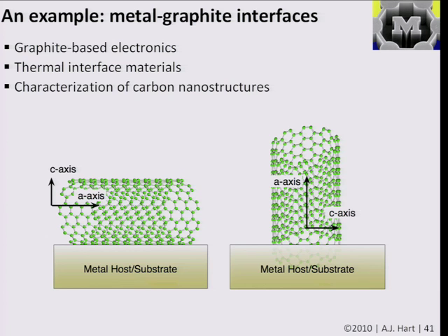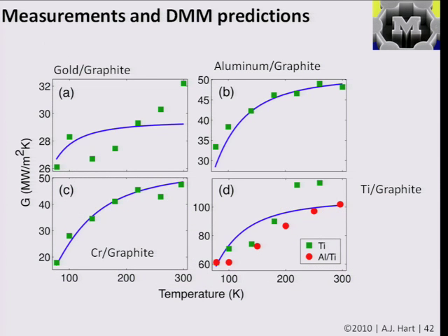So there have been measurements made for different metals on graphite, like highly ordered graphite that's very similar to the wall of a multi-walled nanotube. And you can see that they all follow this kind of trend predicted by the model, and that for the softest metals, like gold versus graphite, it's considerably lower than stiffer metals, like aluminum on graphite.